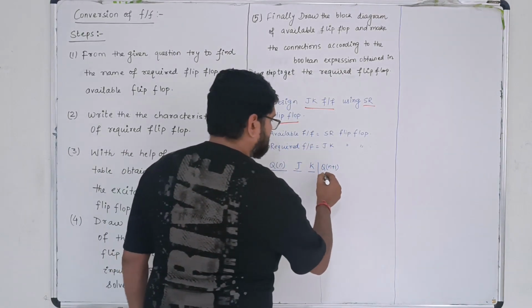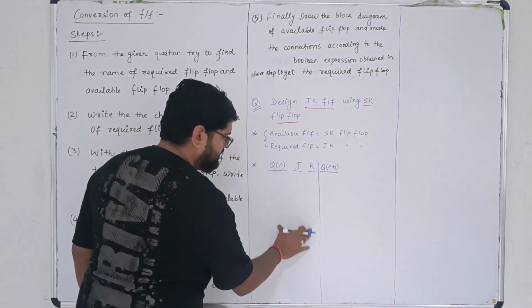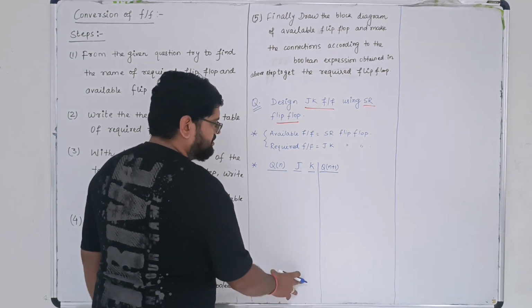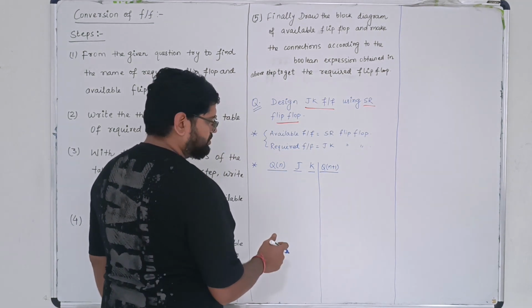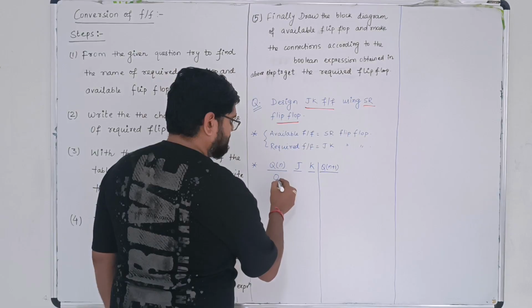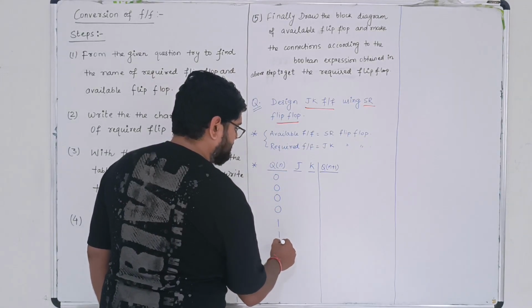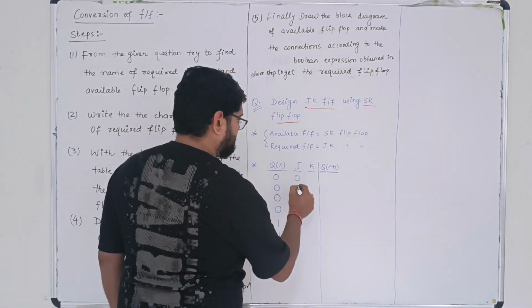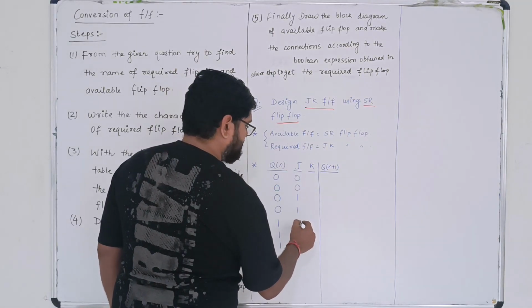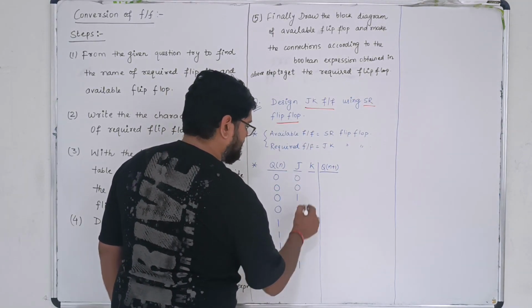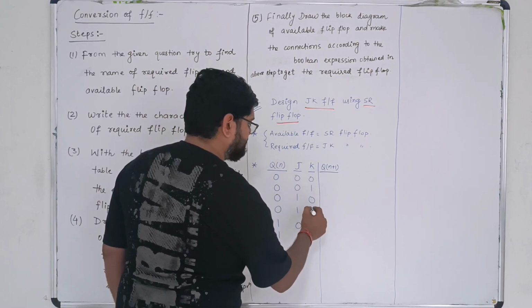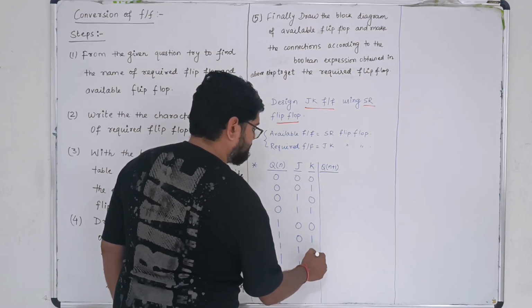These are the three inputs. So tell me how many combinations are possible. 8 combinations are possible. We'll write those combinations as 4 zeros, then 4 ones, then 00, 11, 00, 11, and finally 01, 01, 01, 01.